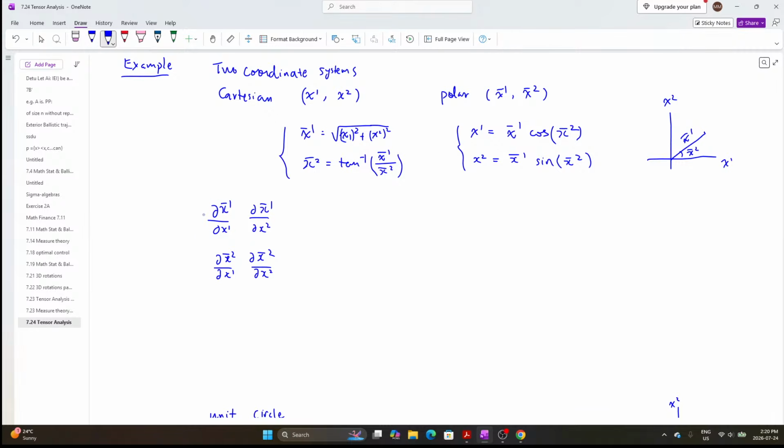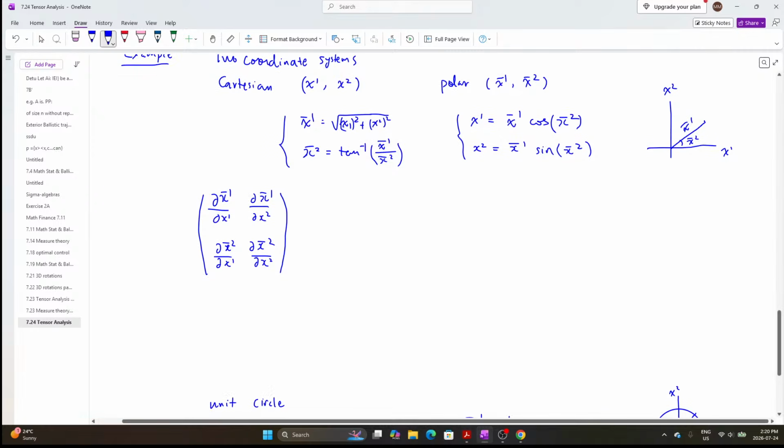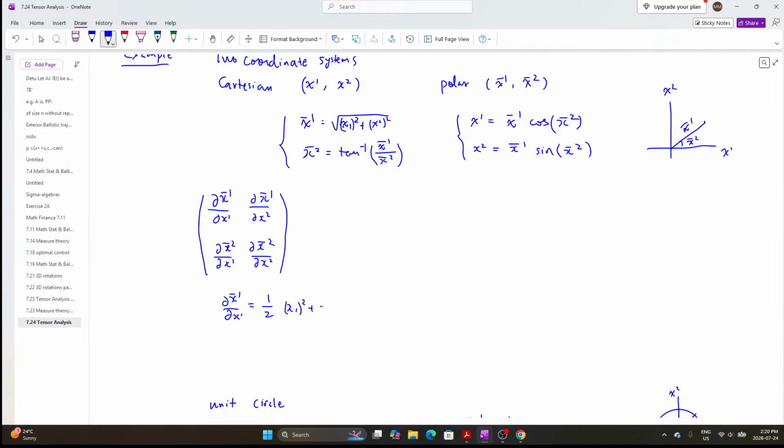It should be straightforward. So I'll just do the scratch work underneath and then erase that and put the results here. Okay, so differentiation, the first one, dx bar^1 over dx^1 looks like 1/2 times x^1 squared plus x^2 squared, quantity taken to the minus 1/2 power, and then times 2x^1.